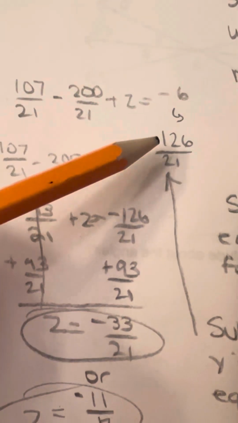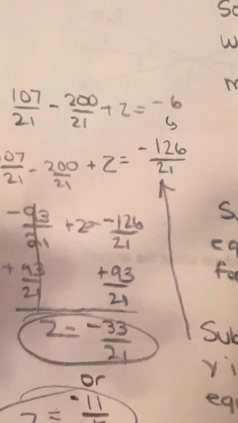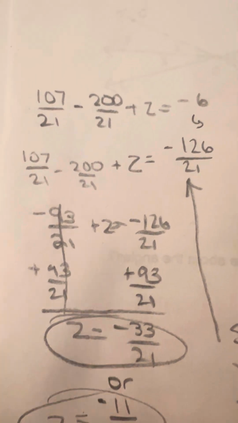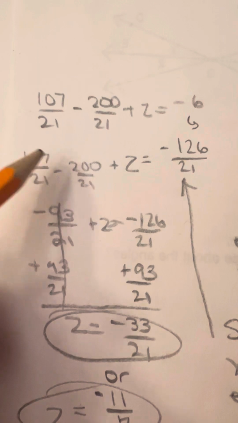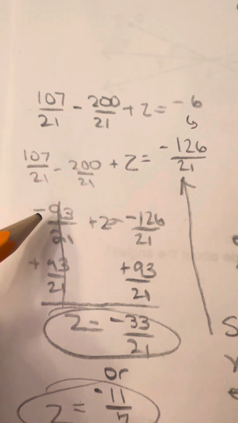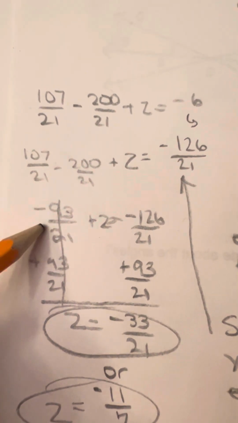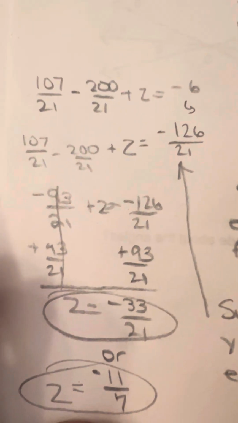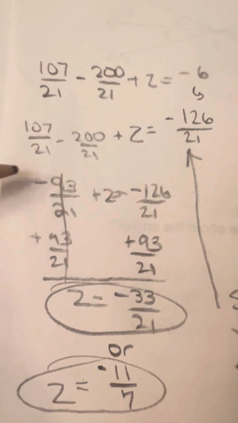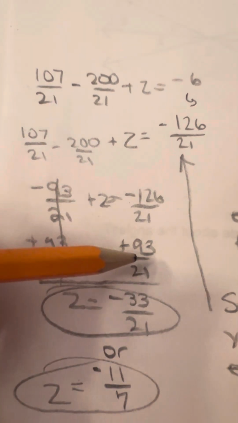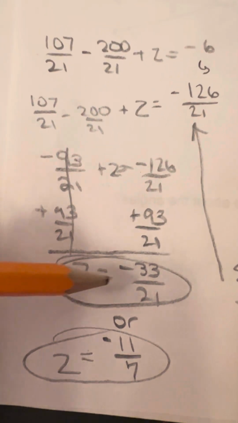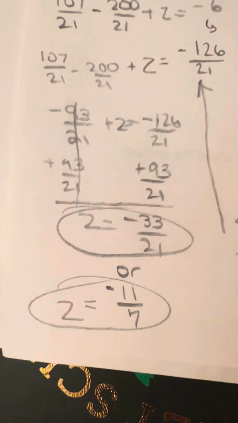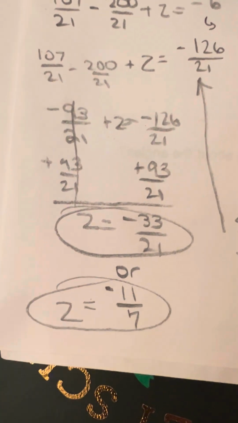And then I changed the -6 to -126 over 21 because we have 21sts, so I want to keep it consistent. I combined 107 minus 200 21sts, and I got -93 21sts plus our z, which is equal to -126 over 21. Add 93 21sts to both sides, and you end up getting z equaling -33 over 21, which then reduces down to -11 sevenths.